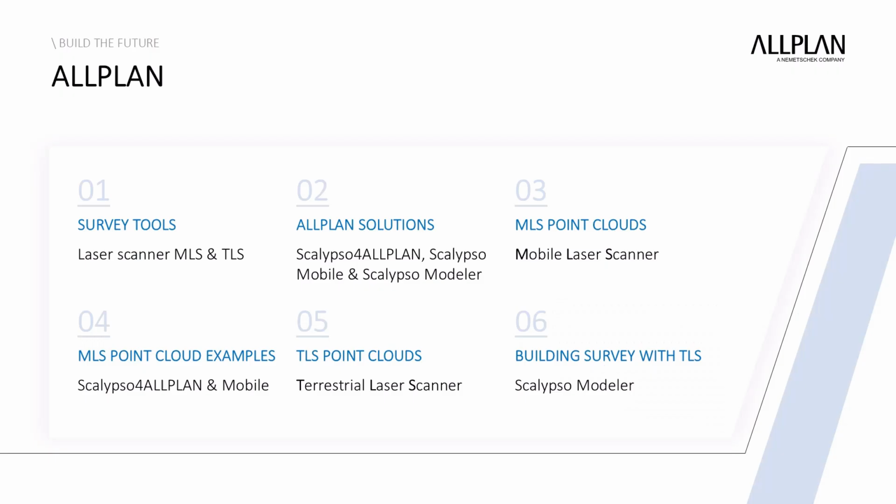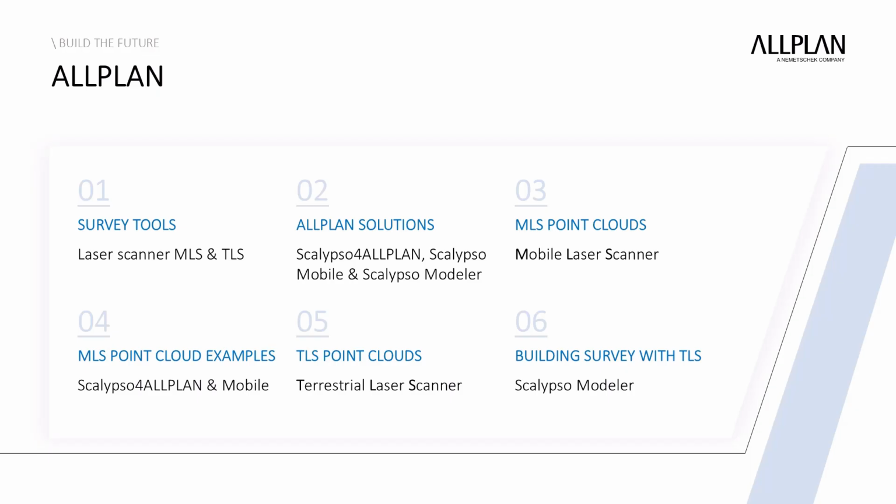Here is a comprehensive and detailed overview of the various topics we will be covering today. So we will go on to understand exactly what an MLS and a TLS laser scanner are, respectively a mobile laser scanner and a terrestrial laser scanner, and then look at the powerful solutions that Allplan offers to manage point clouds coming from these types of laser scanners, namely the innovative Scalypso for Allplan, Scalypso Mobile, and the Scalypso Modeler software packages.